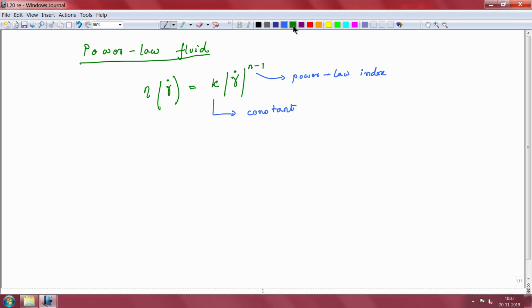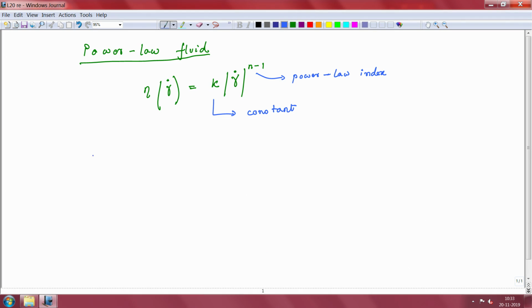Okay. So, now this brings us to another important idea that is often used in polymeric fluids. To characterize polymeric fluids, we often use two separate types of flows. Okay.